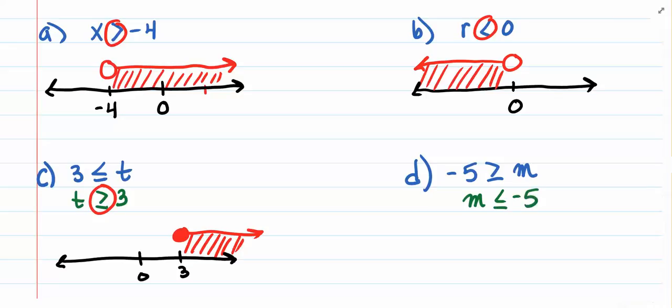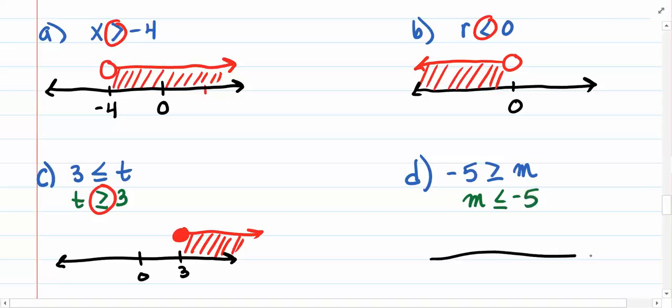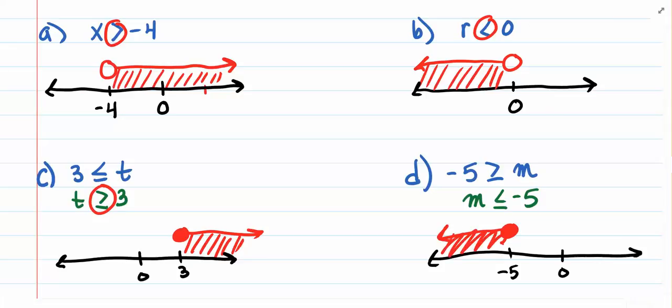Equivalent statements, I prefer to read it that way. So again, give me your number line, give me 0, give me negative 5, and I want everything that is to the left of negative 5, including negative 5, so I'll close in my dot and go to the left. And I would shade everything to the left.